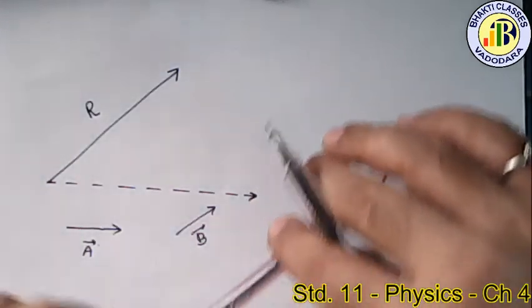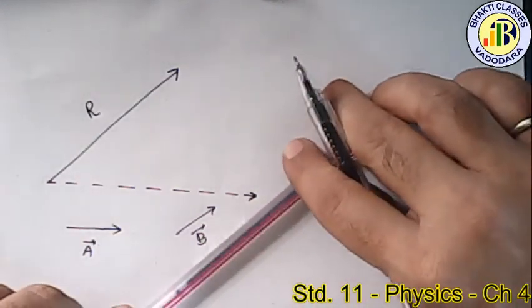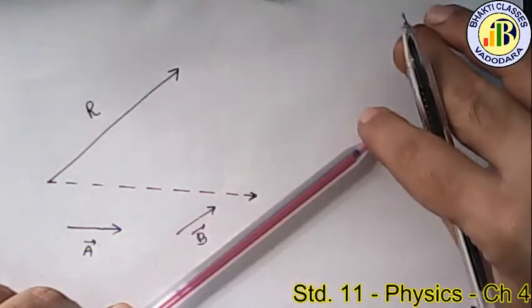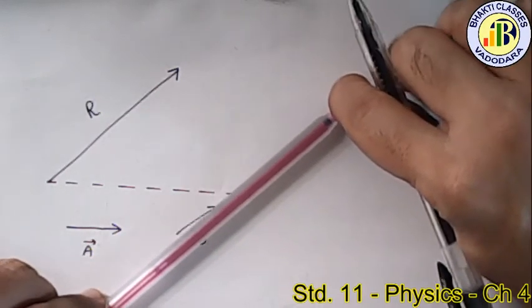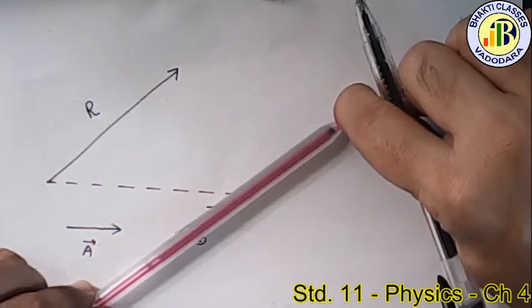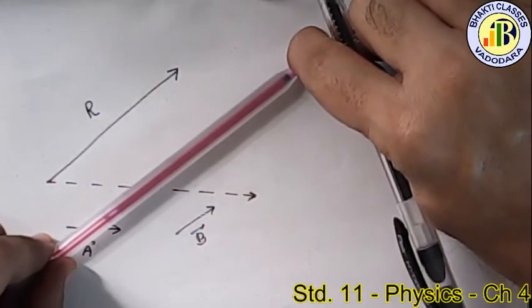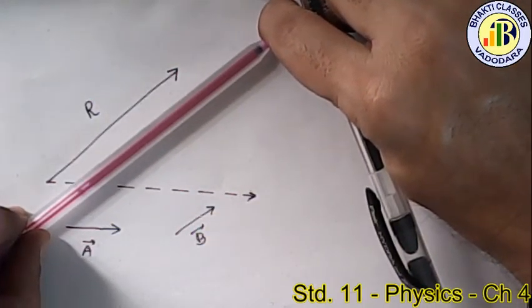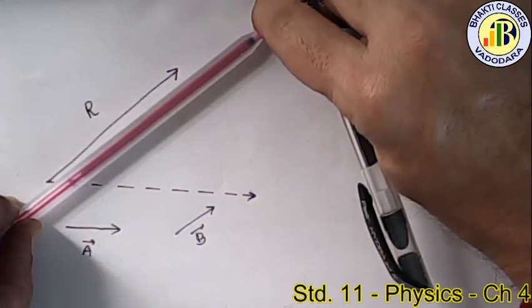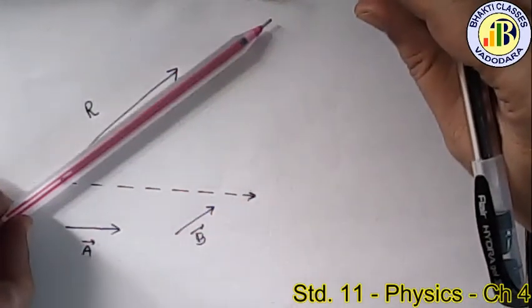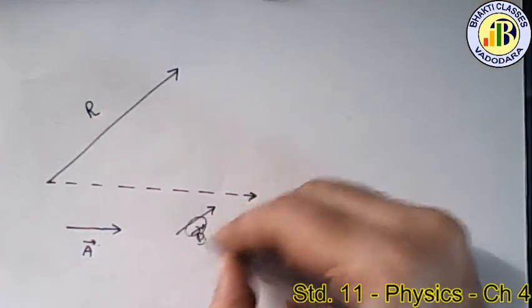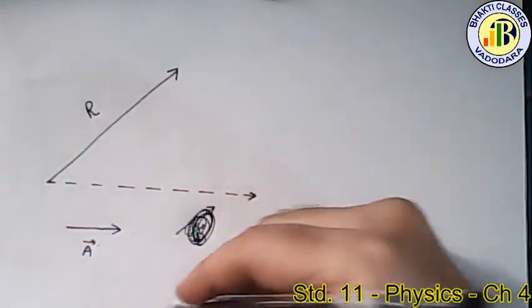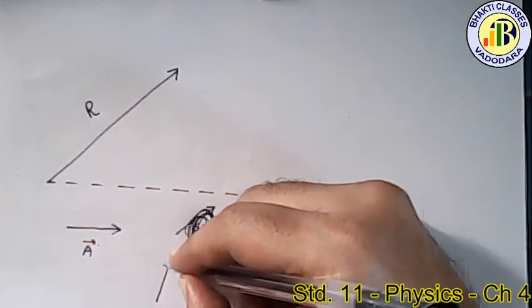Now I am drawing a parallel vector of B. I am drawing the parallel vector of B in the direction where that particular direction will meet the vector R. As B is parallel to R, I cannot resolve it in the direction of B. So I have to take B in another direction like this.